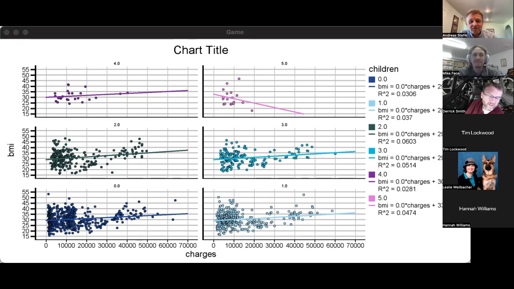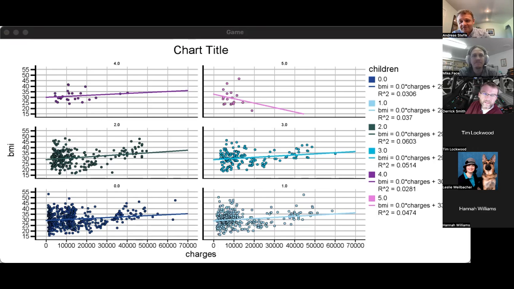It says that the BMI is 0.0 times charges plus 3.319, R squared of 0.0474. Boy, that number sure seems big. It explains 4.7% of the variance, but that's clearly wrong. I mean, the number might be correct, but that clearly doesn't represent the situation.